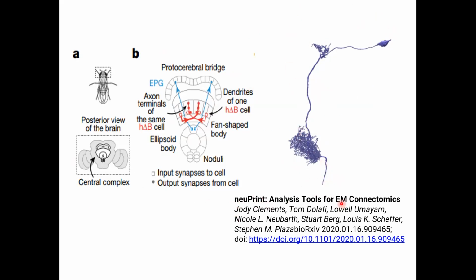It's called neuPrint, and it's very interesting because the connectome of the central complex, or a huge part of it, has been established, and they put it in a software.